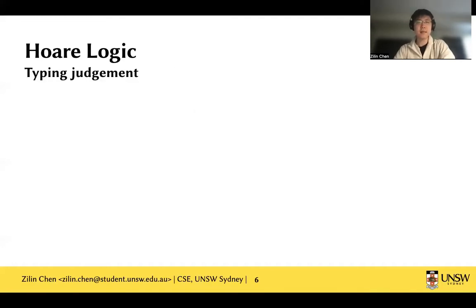We can extend this correspondence a little bit further. Let's formulate a Hoare triple slightly differently and be more explicit about the evaluation result of S. We make the postcondition lambda nu q not only describing the program state after executing S, but also it is a predicate over the value of S.